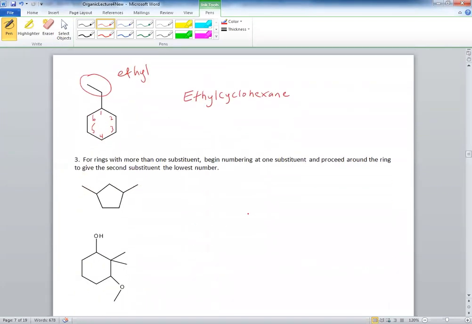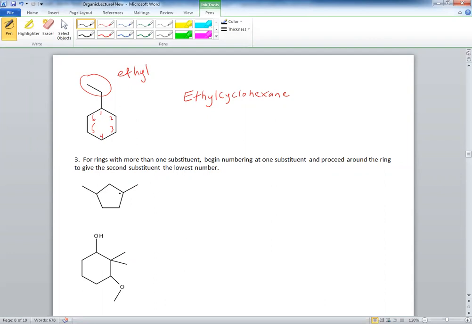Well, what if you have 2 or more substituents? Then you have to number the substituents the same way you did before. You start with the 1 in terms of alphabetical order and go to the next, keeping in mind that the next one has to get the smaller number, or as small as possible.